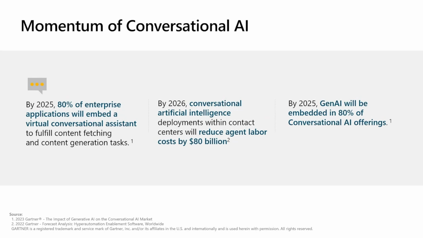By 2025, 80% of enterprise applications will incorporate a virtual conversational assistant like Jarvis to perform tasks of relevant content fetching and content generation. It reflects a widespread adoption of conversational AI across various business applications. That's what we can foresee.